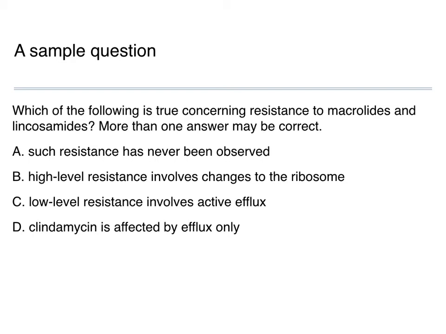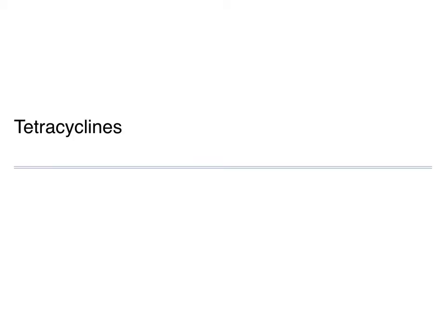And then, clindamycin is affected by efflux only? Seeing some shaking of heads, no. Right, clindamycin is affected by ribosomal changes only, and so not efflux. And so clindamycin is not an efflux pump substrate. Any questions on that?